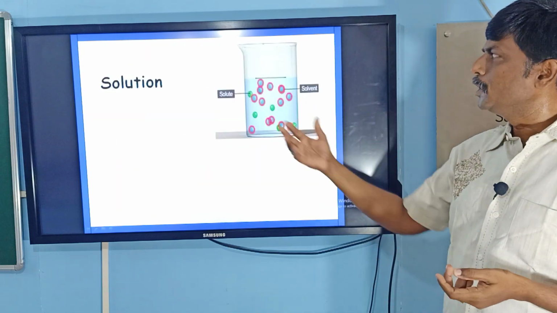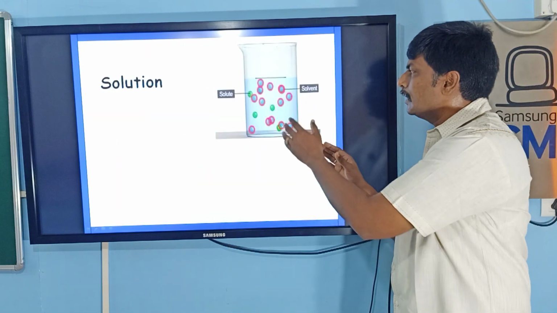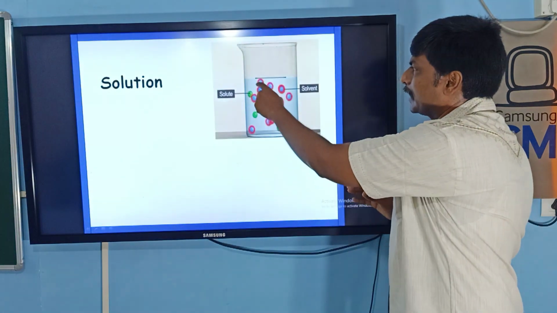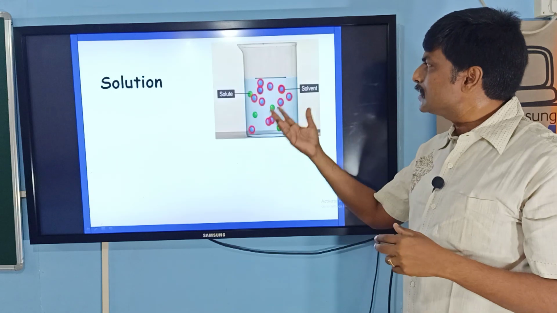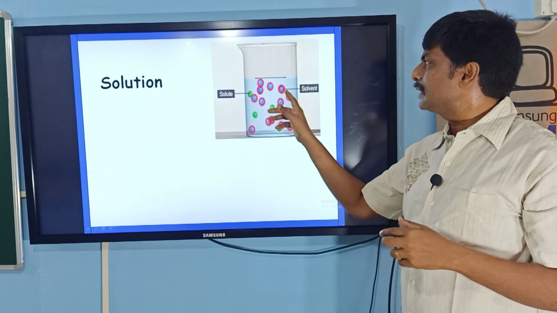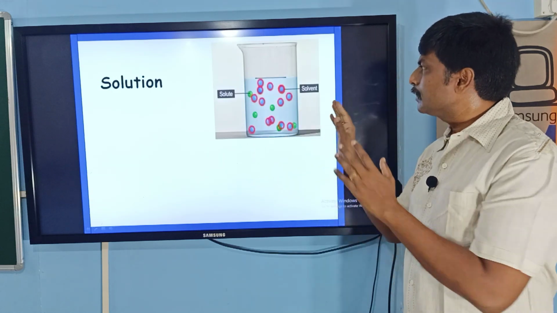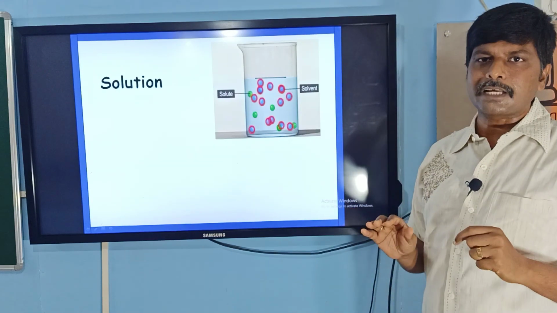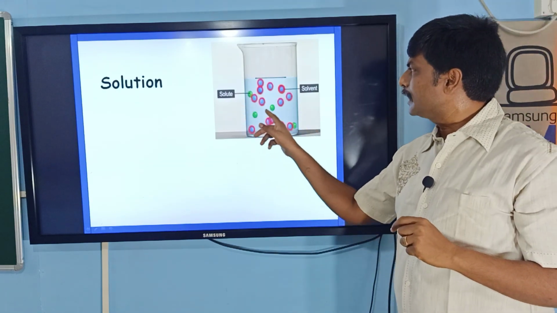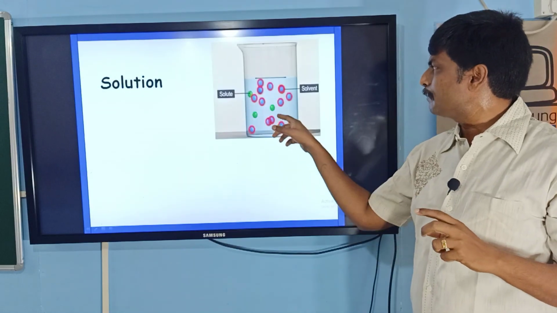Now you take a solution. In this solution there are particles. With red color I marked some particles and green some. Which number is more? Red colored particles number is more. So that means the large component is this one. This large component is called solvent. The small component, green colored, only 5 particles I placed here.